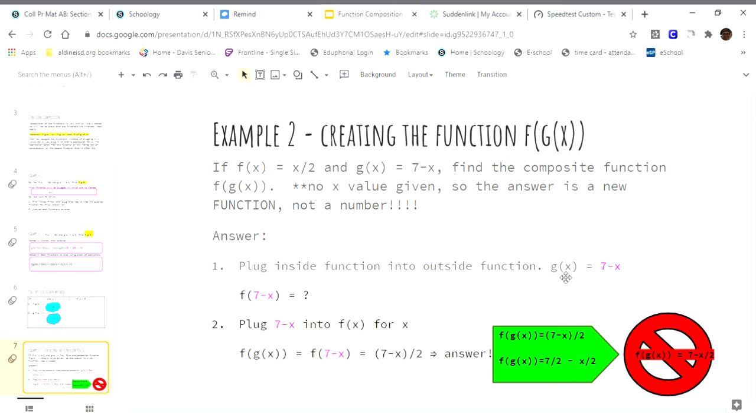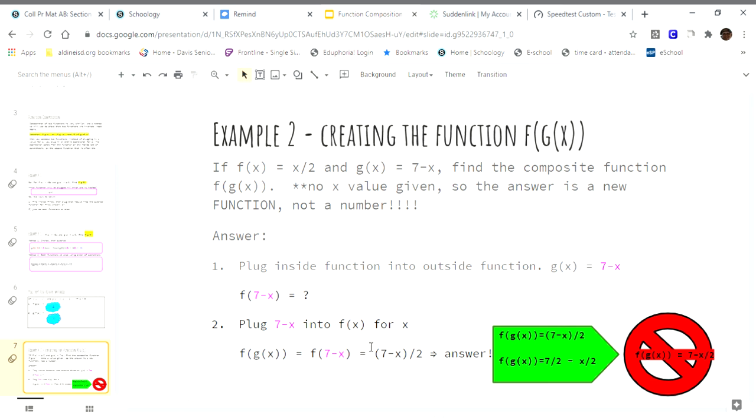So g of x is inside, and g of x is 7 minus x. Then I'm going to plug that into f of x. Well, what would f of 7 minus x be? Let's look at what our f of x says. f of x takes whatever is in the parentheses and divides it by 2. So if I have 7 minus x in parentheses and I plug that in, it's just going to be 7 minus x divided by 2.